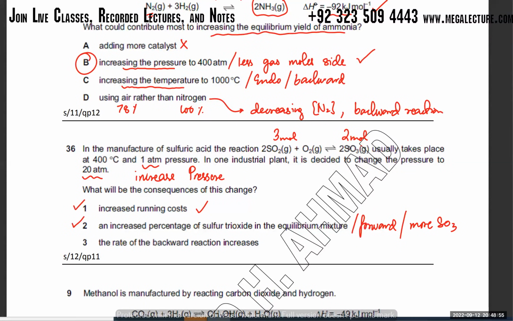And the third one is that the rate of backward reaction increases. Forget backward or forward. Will the rate increase if you increase pressure? Yes, sir. So remember, this third statement is not about equilibrium. It's about the rate of reaction. Rate always increases when you increase pressure.